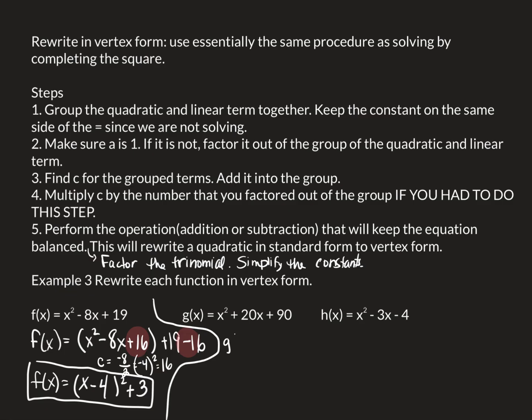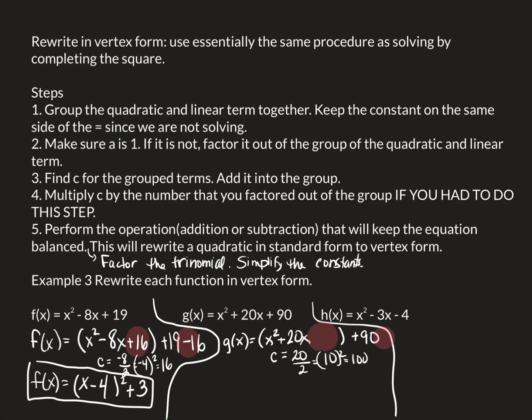I'm going to group the quadratic and the linear term together. And then I'm going to leave a space and put plus 90. Okay. And don't forget that we are going to put something here and here. I'm going to find my new c. c is b divided by 2, which is 10, and you square it.